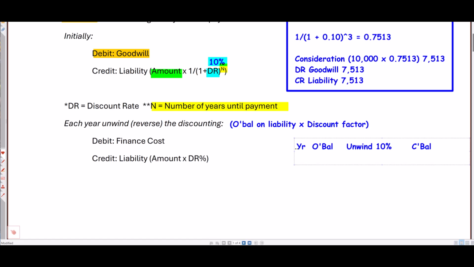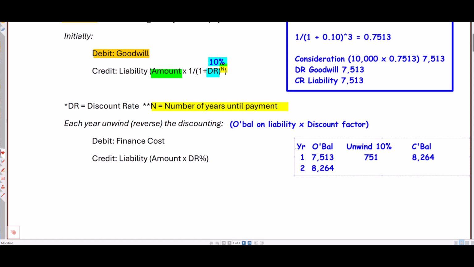So, for example, in year one, we had an opening balance on the liability, so we credited the liability of 7,513. We unwind the discount, so 7,513 times 10% is 751, and that gives us a closing balance of 8,264. We add that across. That comes in as the opening balance for the next year, 8,264.